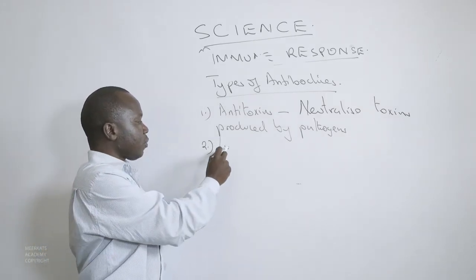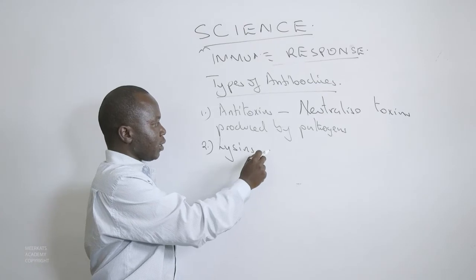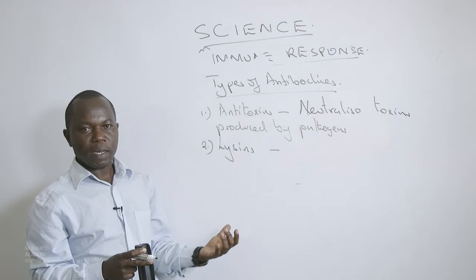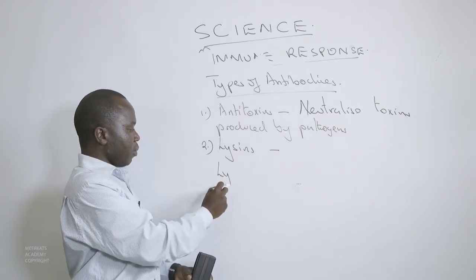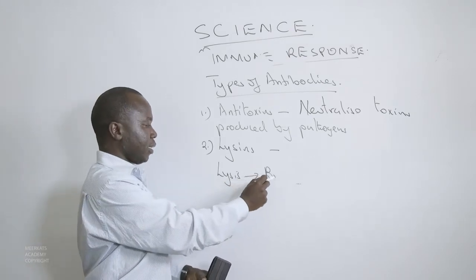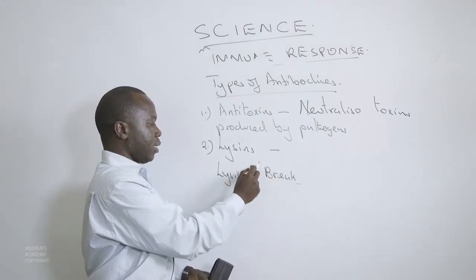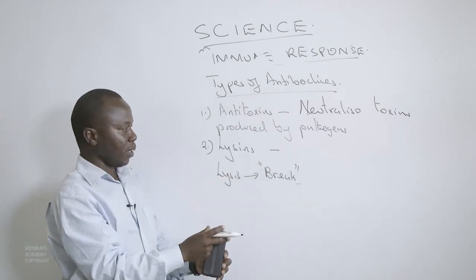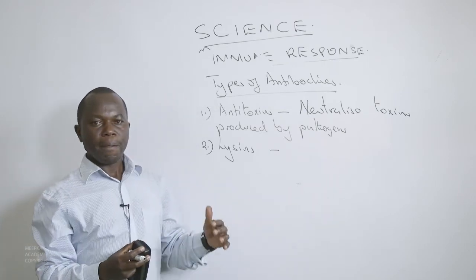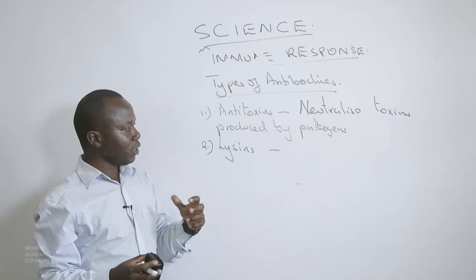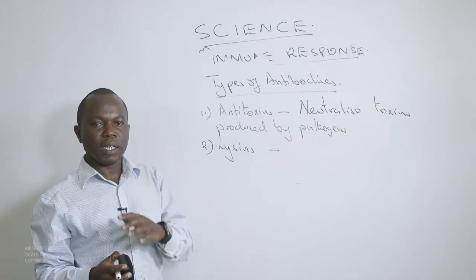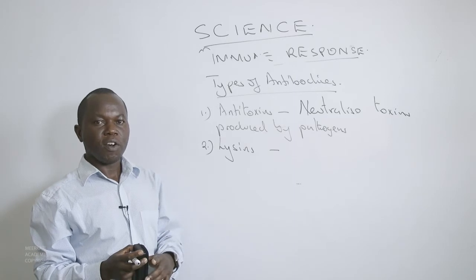We also have antibodies called lysins. You can realize this is a word coming from the word lysis, and lysis means to break. So lysins, being antibodies, help the body fight pathogens through destruction of cell walls and cell membranes of bacteria.